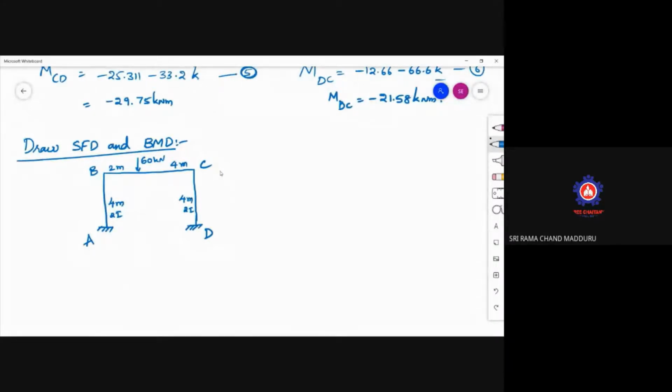Now, to draw SFD as well as BMD, individually we have to consider columns as well as beams separately. So first AB. In this AB, the reactions are there. Similarly, here are the horizontal forces, HA and HB. Now, in this, the moments are there. So, what is the direction of the moment?